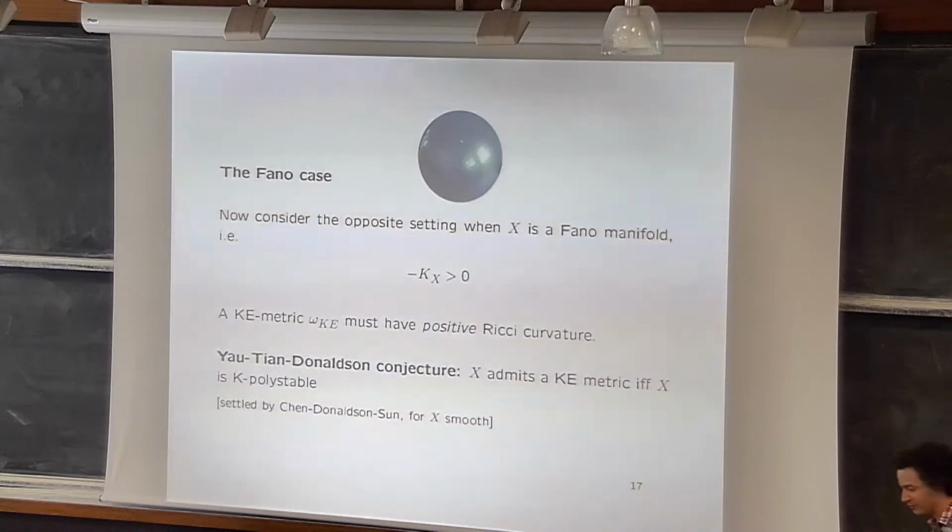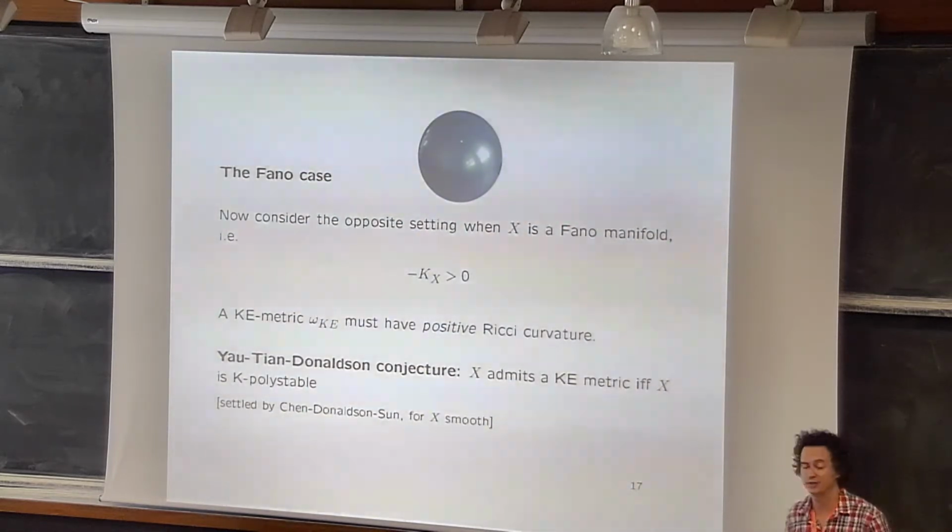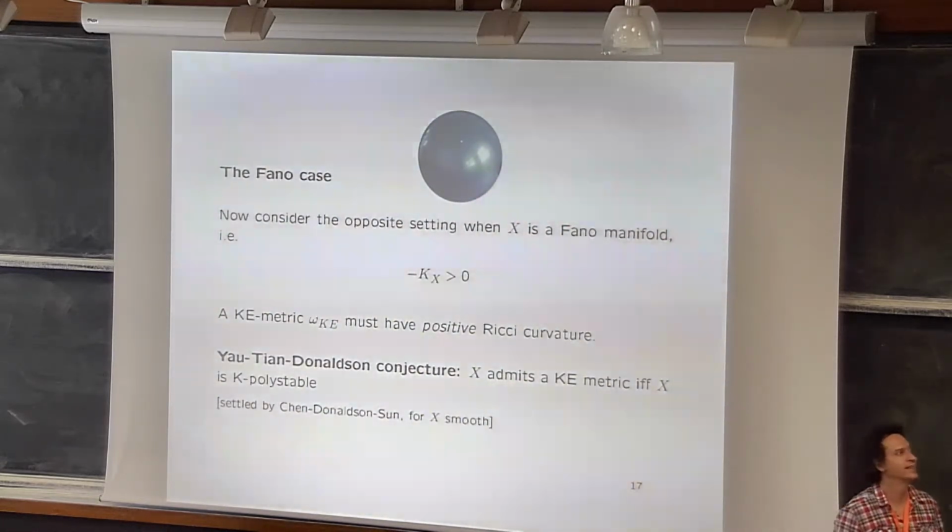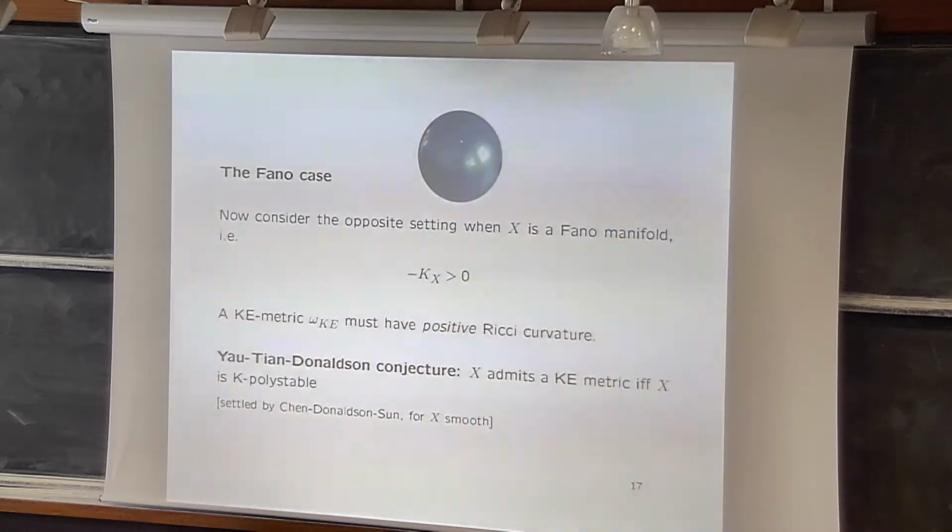Okay, so let's move on to the much more challenging Fano case. Now we're in the opposite setting, where X is a Fano manifold, so the anti-canonical bundle is positive. And then a Kähler-Einstein metric, if it exists, must have positive Ricci curvature.